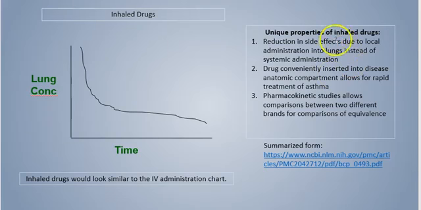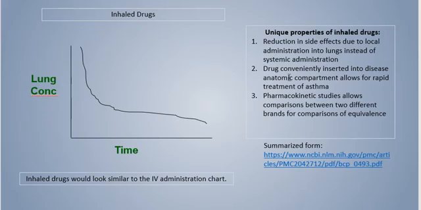And so we see a reduction in side effects because you're basically putting a bolus of drug into the pulmonary circuit. You don't see really systemic effects unless you have a really high dose of this drug and it leaks out. From a drug delivery perspective, the drug is conveniently inserted into the diseased region.